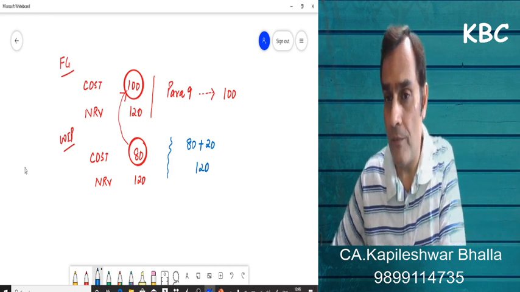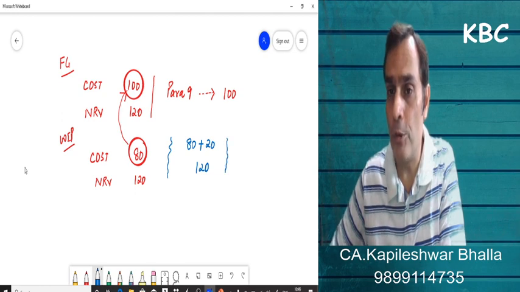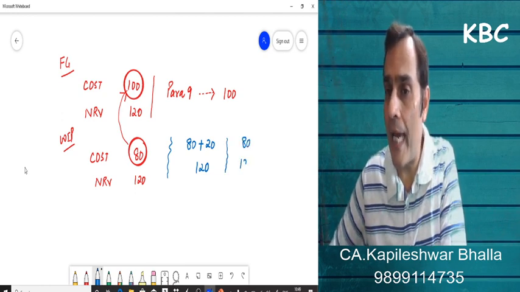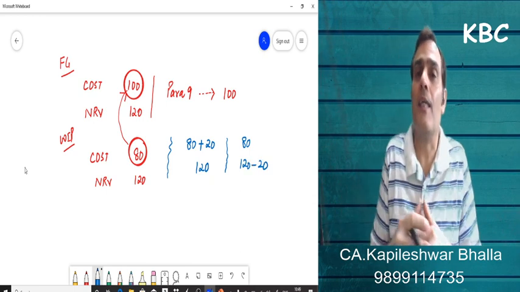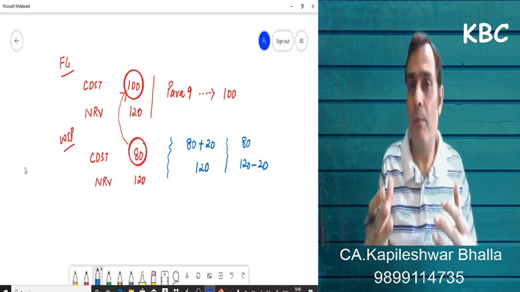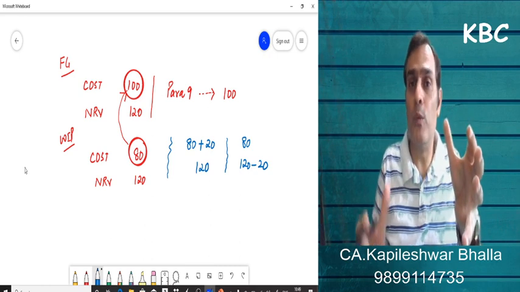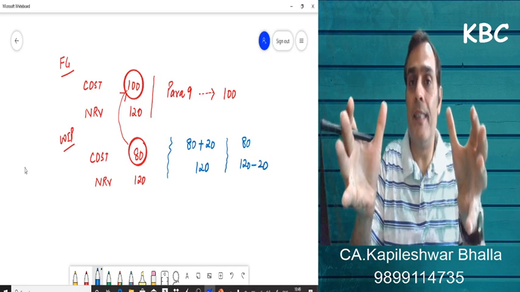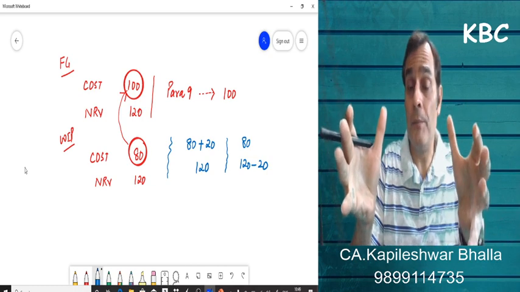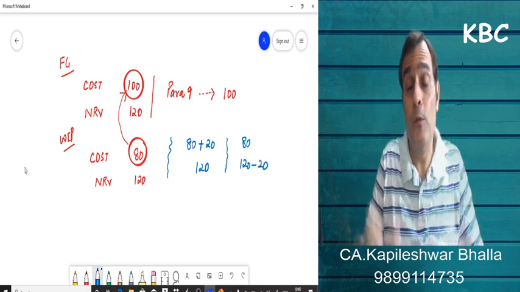Or alternatively, we should compare this 80. Instead of adding the 20, why don't you reduce the 20 from the NRV? Isn't that simple mathematics? Then when you compare the cost versus the NRV, you need the cost of WIP and the NRV of WIP.